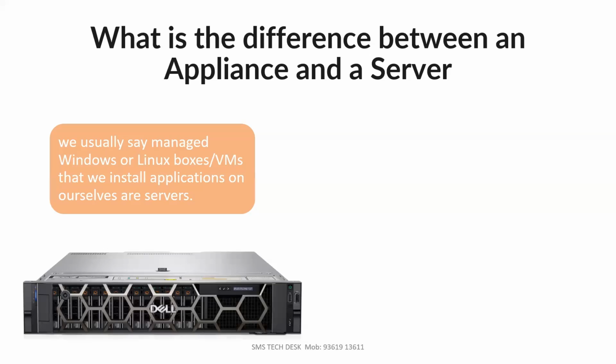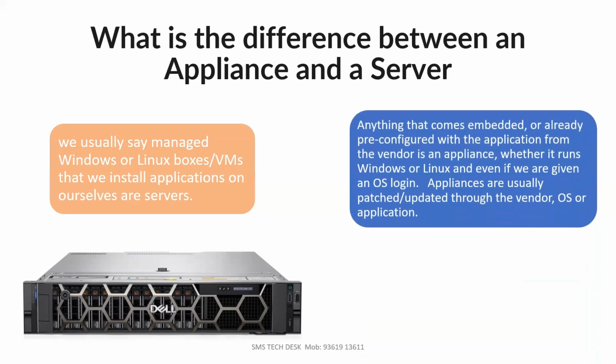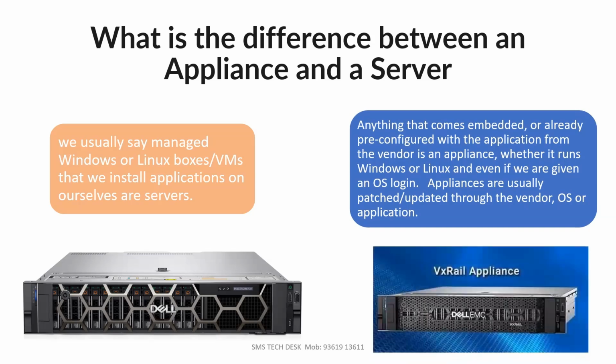Whereas an appliance means it has already been installed with the OS and some required applications to support the infrastructure. For example, our VxRail server. Why are they calling this a VxRail appliance? Because you need not install the ESXi operating system.